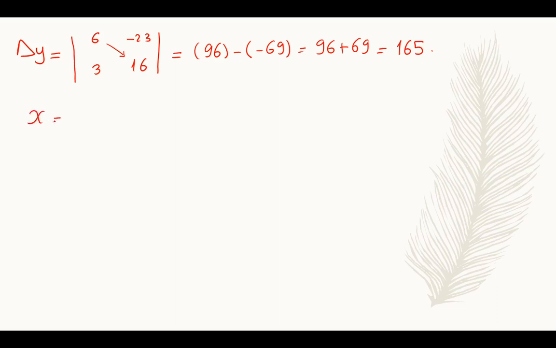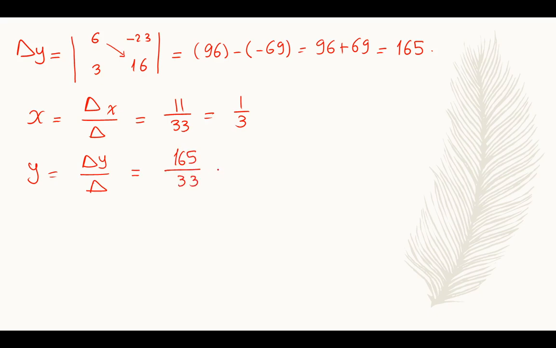Now x equals delta x over delta, and y equals delta y over delta. Delta x over delta equals 11 over 33, which equals 1 over 3. Delta y over delta equals 165 over 33, and this equals 5.